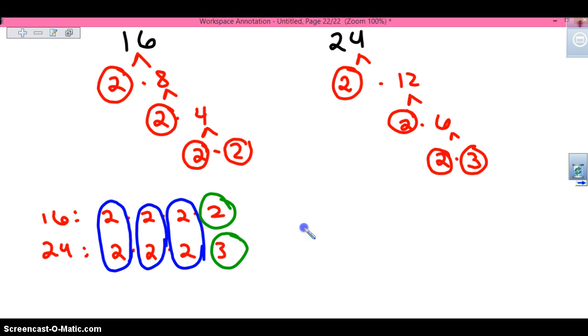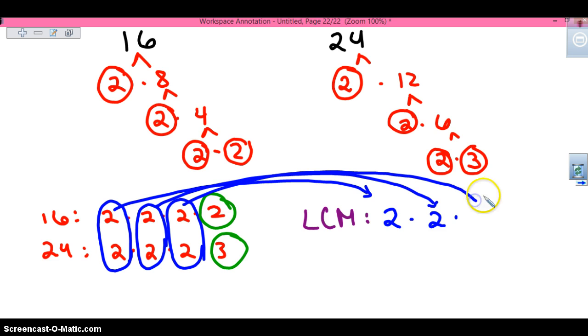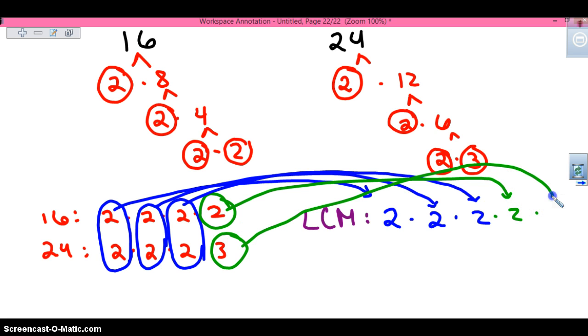But to find the least common multiple, we're going to multiply what they have in common. So this 2 times this 2 times this 2 times this 2 times this 3. 2 times 2 is 4, 2 times 2 is 4, and times 3.